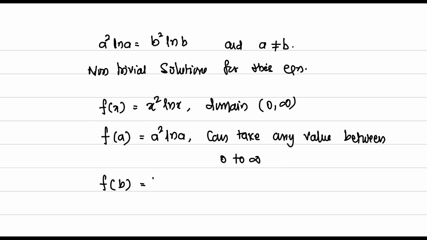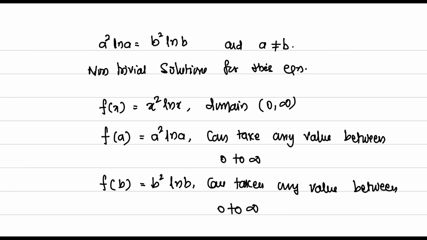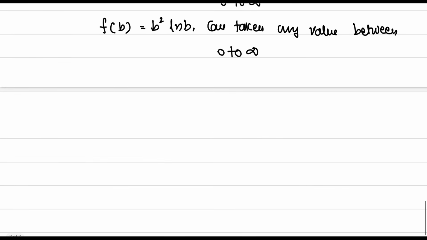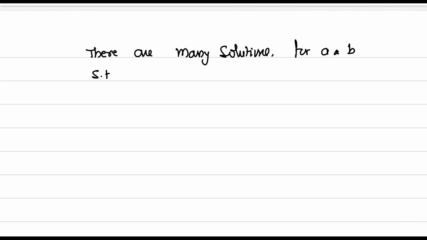Function f(b) is equal to b square ln b can take any value between 0 to infinity. Hence, there are many solutions for a and b such that function f(a) is equal to function f(b).